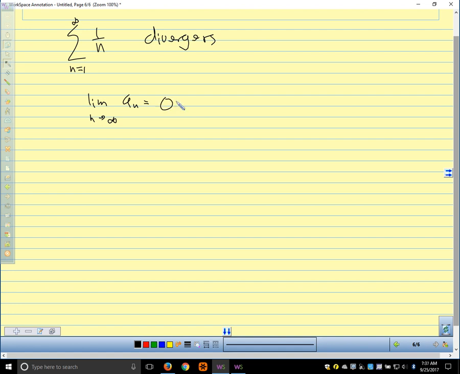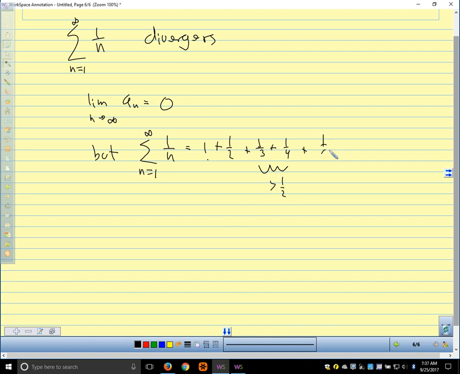So we know that the limit as n approaches infinity of a sub n is 0. But the sum from n equals 1 to infinity, I'm going to write out some terms. 1 plus 1/2 plus 1/3 plus 1/4. Well, 1/3 plus 1/4 is greater than 1/2.